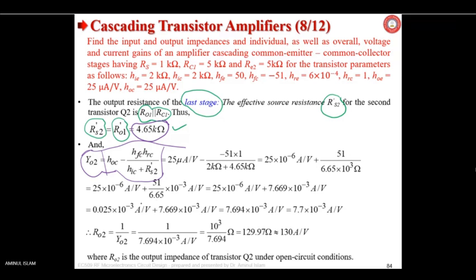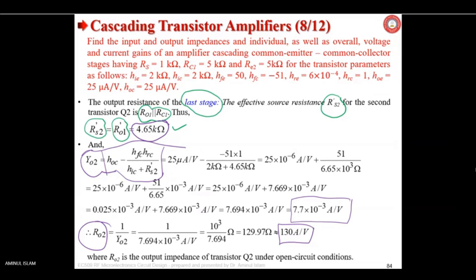Now putting the values and calculating, you get YO2 equals this, and hence RO2 is 1 upon YO2, which comes to be about 130 ohm, 129.97 ohm.